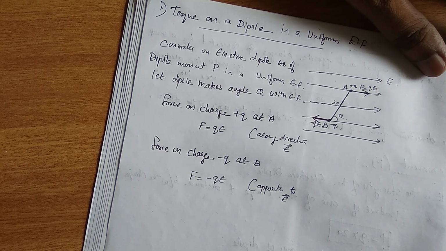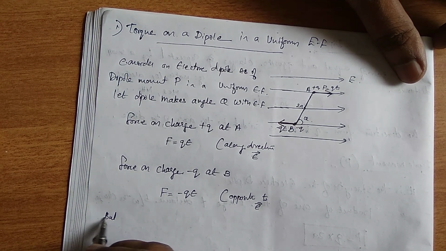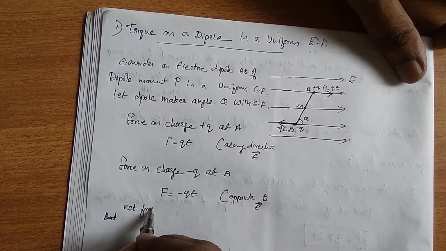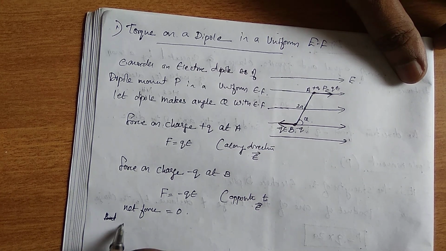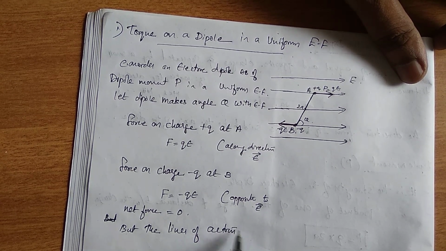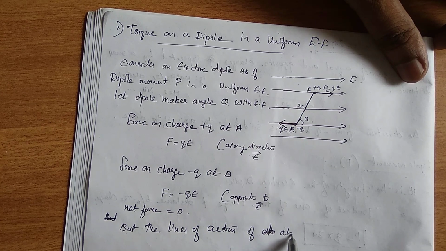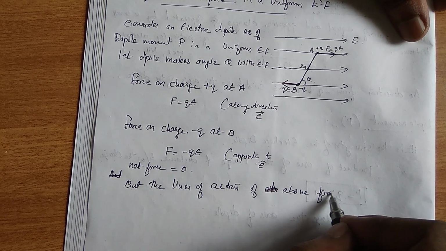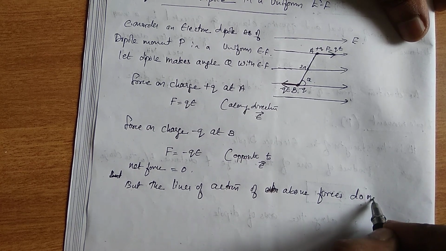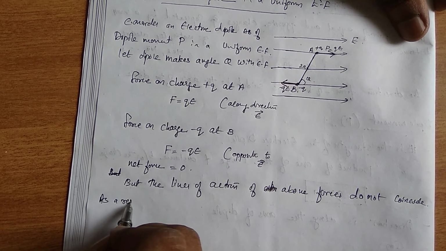These two forces are equal, so total net force equal to 0, but the lines of action of the above two forces do not coincide.